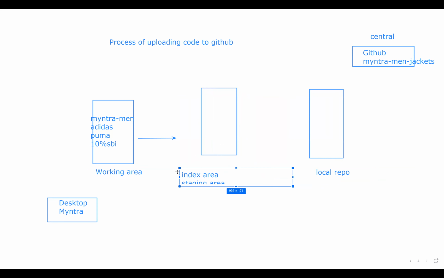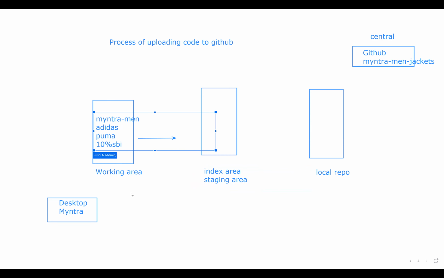Suppose you have written code for Adidas, what you need to do? You have to move this file to the second stage, and from the second stage to the third stage, to centralize the process. That is the flow.